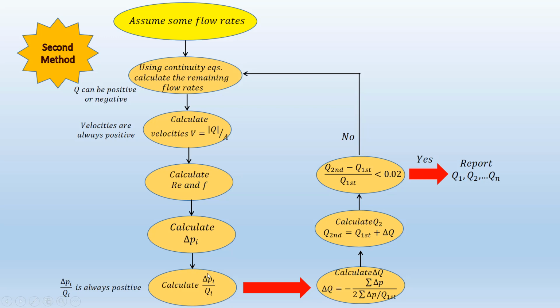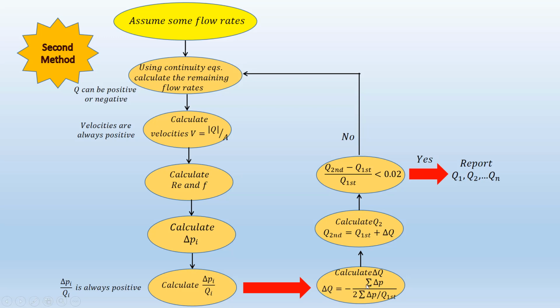This term is always positive. Why? Because delta P and Qi have the same sign. If Q is negative, delta P will be negative. If Q is positive, delta P is positive. So keep in mind that this term is always positive, but Q and delta P can be either negative or positive.